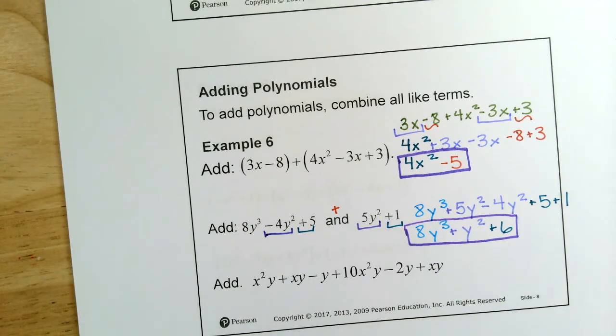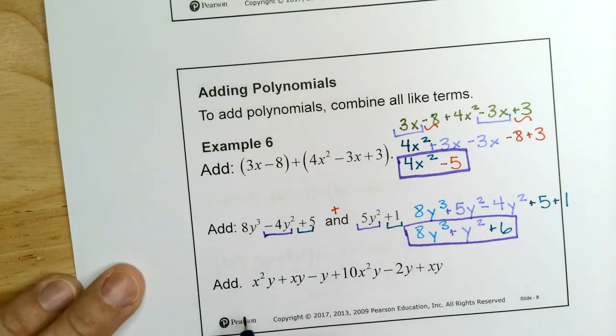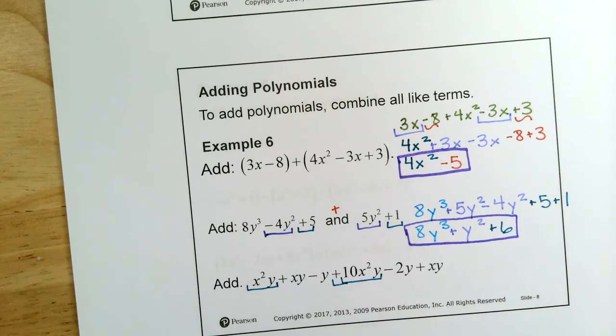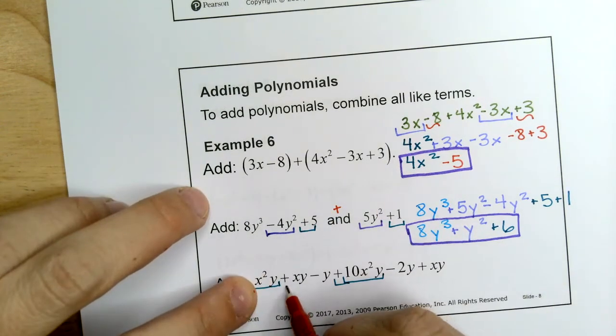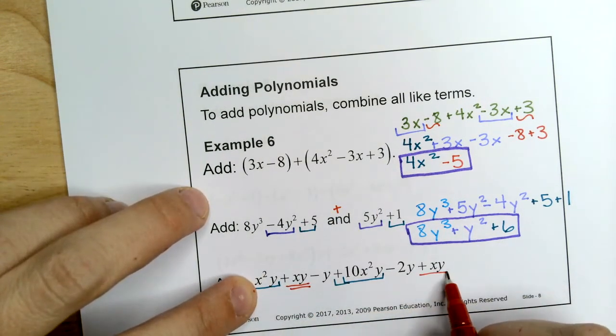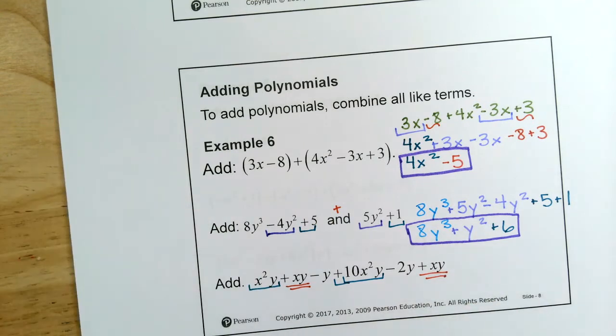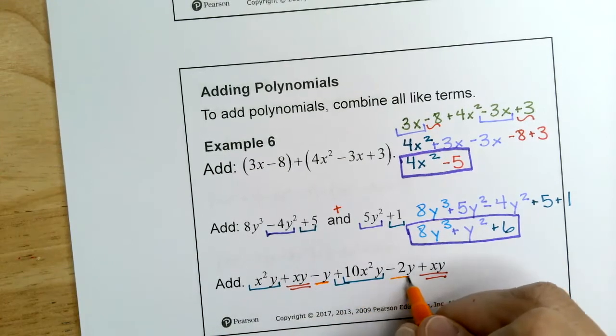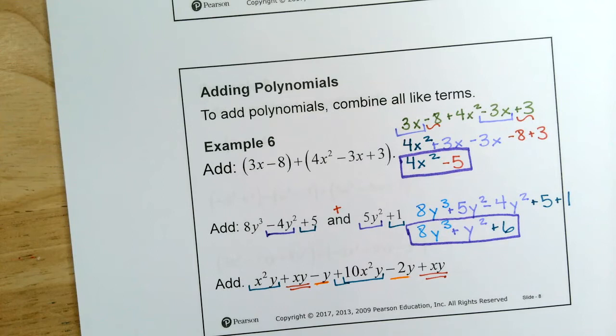All right, now we just go straight to like terms. x squared y. There is 1 here, and there is 1 here. Sorry, that's with the positive sign. Now we just have xy, xy, and we have y and y. Okay, so those are our like terms.